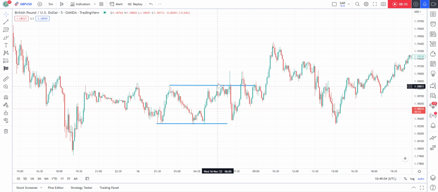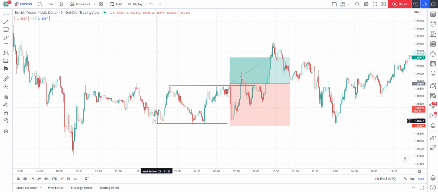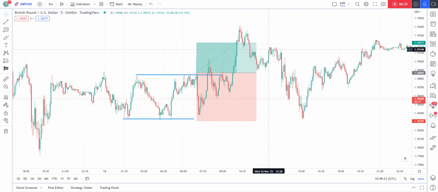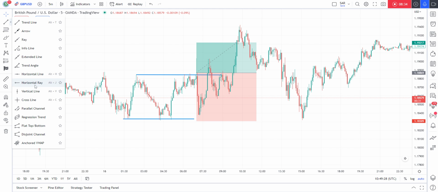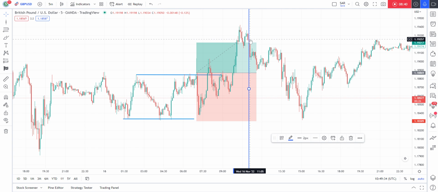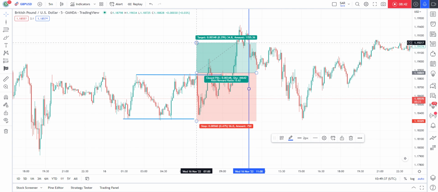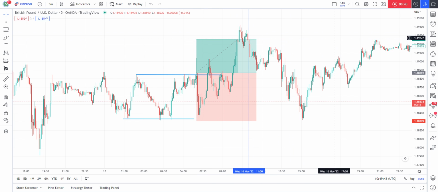Now, what happens in this case? Obviously, it will open the trade roughly around here. But this is why I like the stop loss to be just below the trend line, so we don't hit it in case we make double bottoms. And where is 11 o'clock? Let's bring a horizontal trend line, and 11 o'clock is actually here, so we close it right about here. So this is, again, another profitable trade.